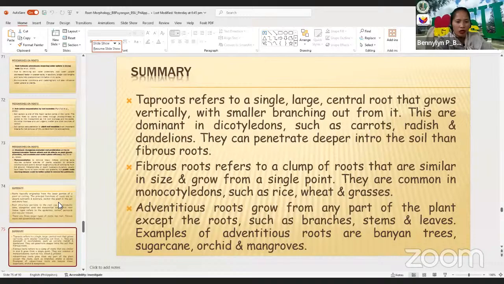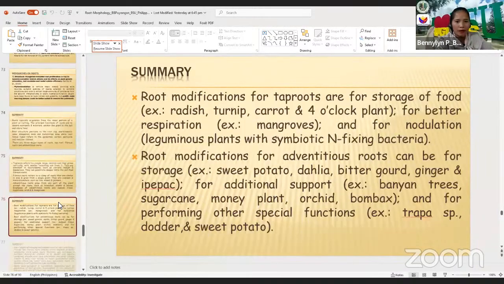They are common in monocotyledons such as rice, wheat, and grasses. For the adventitious roots, it grows from any part of the plant except the roots, such as branches, stems, and leaves. And examples are banyan trees, sugarcane, orchid, and mangroves.